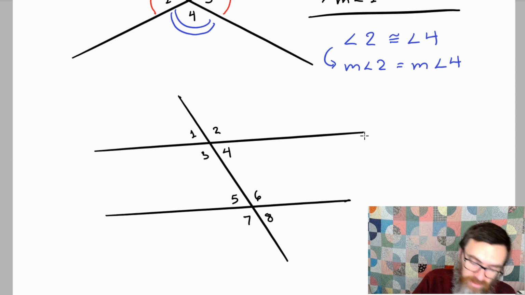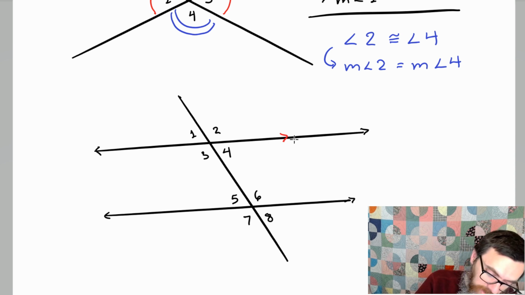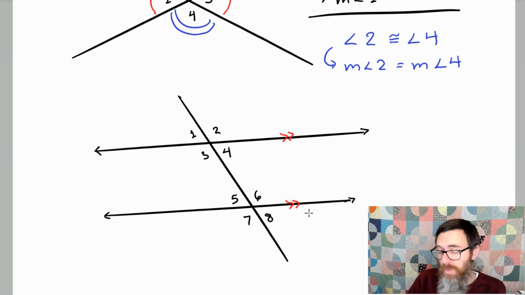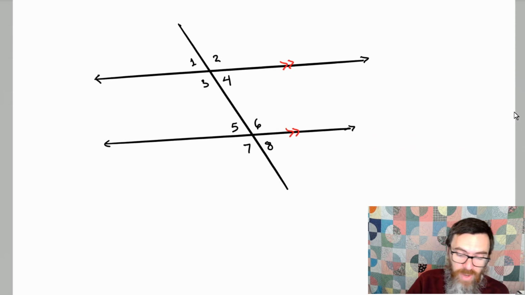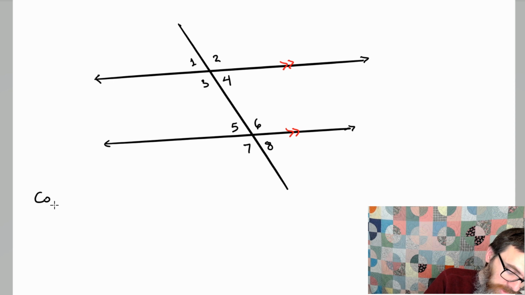When you have parallel lines, and a lot of times you'll see this designation on them, something like this, to denote these two guys kind of go together and they're parallel, you have all different kinds of classifications of angles. You have corresponding angles.